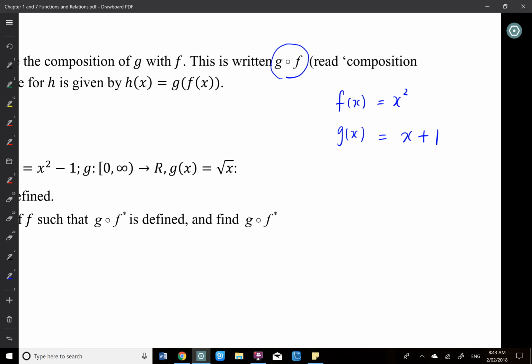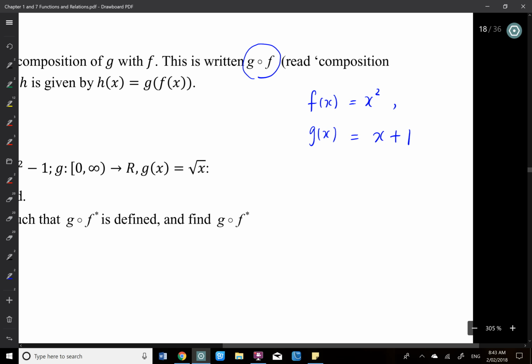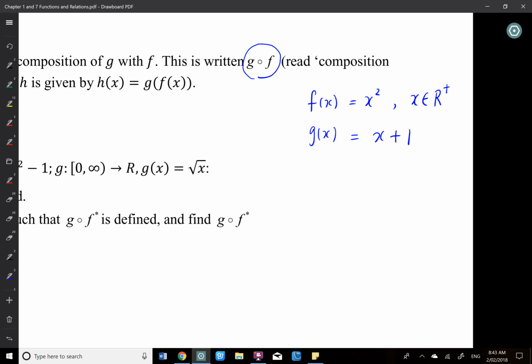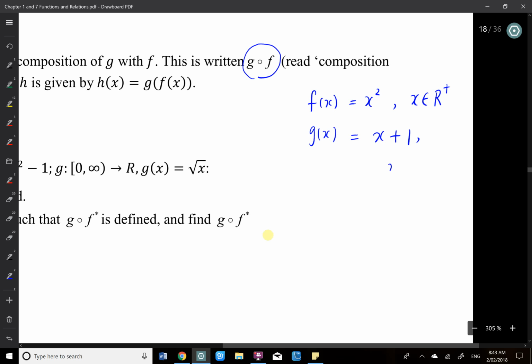But if I restrict the domain for it, let's restrict this domain to R plus. I want all the positives. For the second one, the g(x) one, my x only belongs to negative infinity to 4, inclusive.